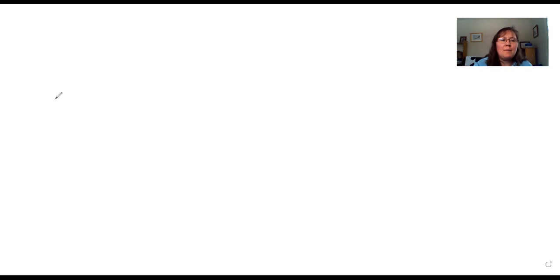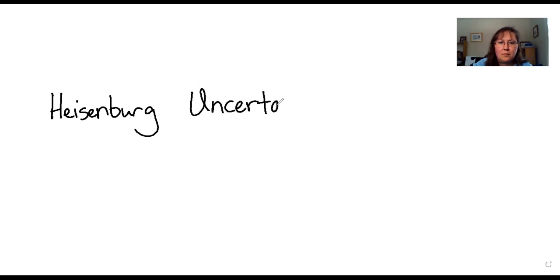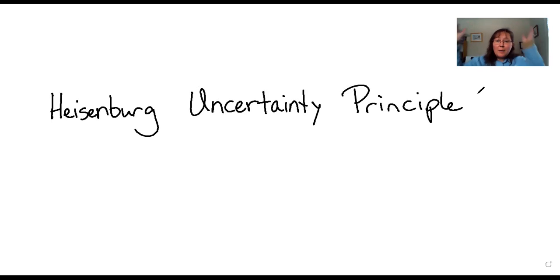Okay, so let's talk about the Heisenberg uncertainty principle. So somewhere in my notes, it'll talk about how the Heisenberg uncertainty principle says that we can't know the exact momentum of the electron. And what does that mean?